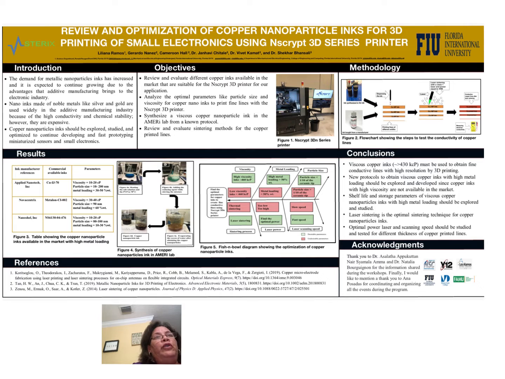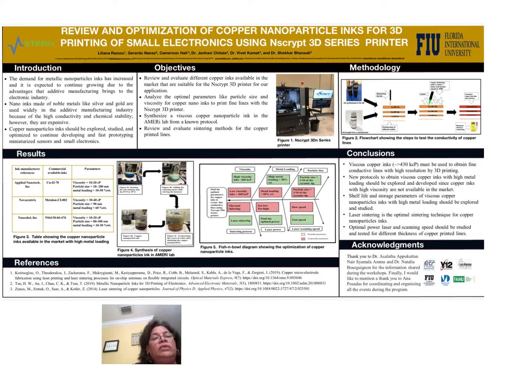When you are using an ink with a particle size that can clog that tip, you're going to be disrupting the printing process, and you want a smooth printing process. So we are recommending to use an ink in which the particle size is 1/10 of the size of the interior diameter of the ceramic tip used for that application.